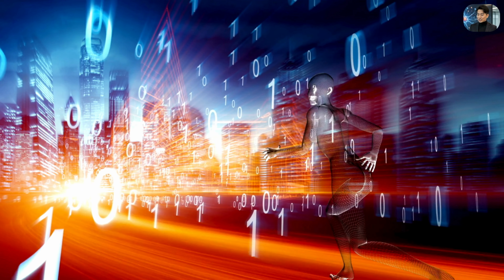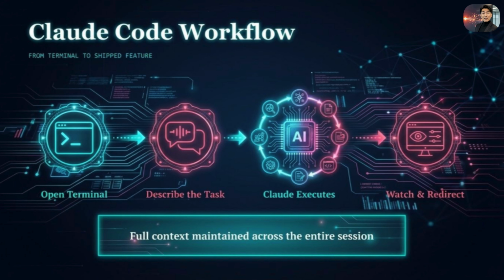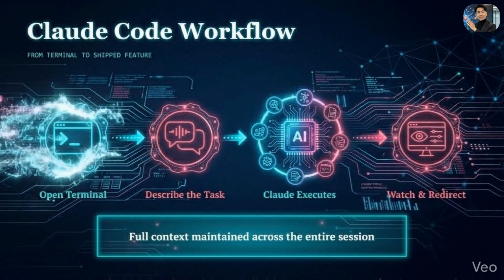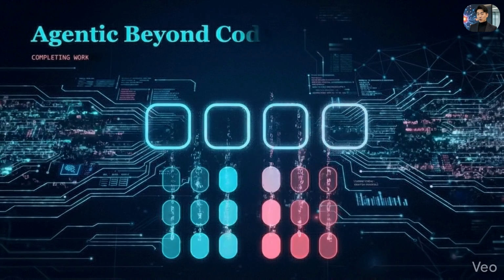You watch the progress in real time and can intervene or redirect at any point. The key insight is that Claude Code maintains context across the entire session. It remembers what files it has read, what changes it has made, and what the current state of the project is. This makes it capable of handling complex, multi-file tasks that span your entire codebase.